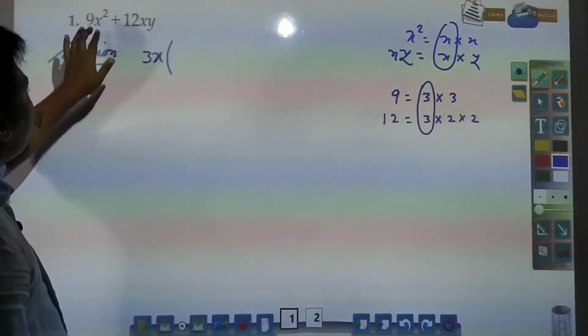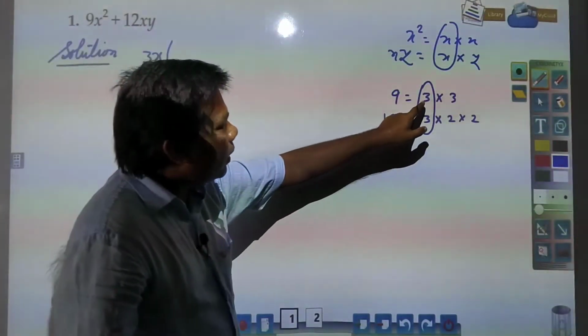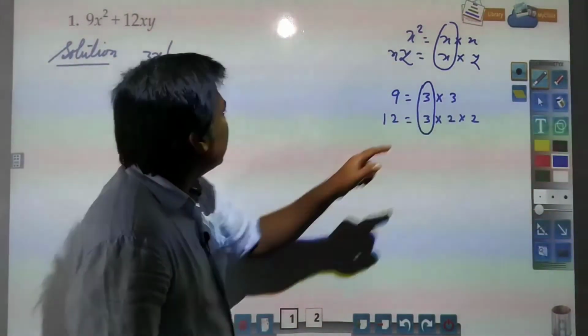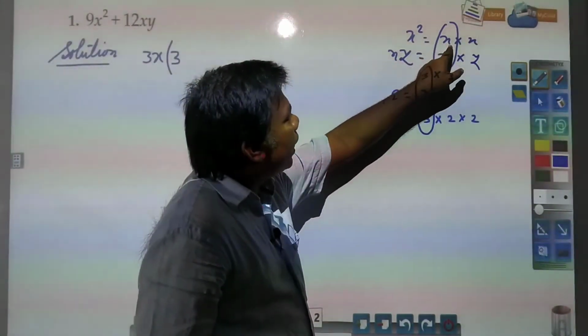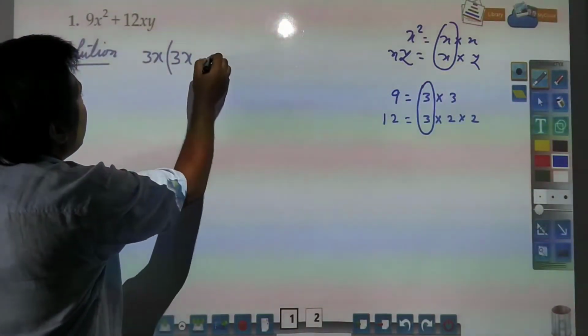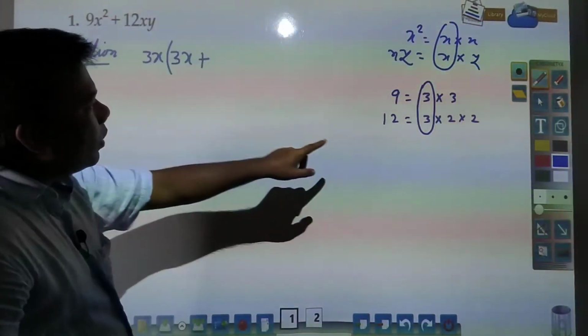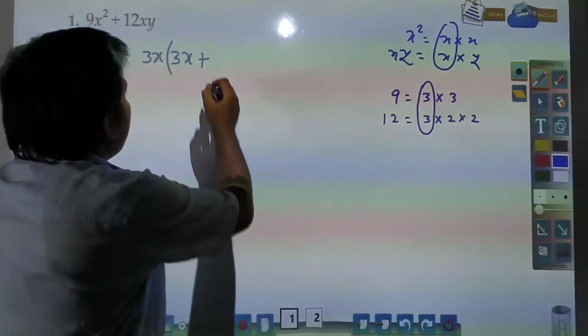Now here you see, if you have taken out 3x, what will you be left with? From 9, you have taken out 3, you are left with 3. And in x square you have taken out x, you are left with x. And plus, in 12 you have taken out 3, you are left with 4.